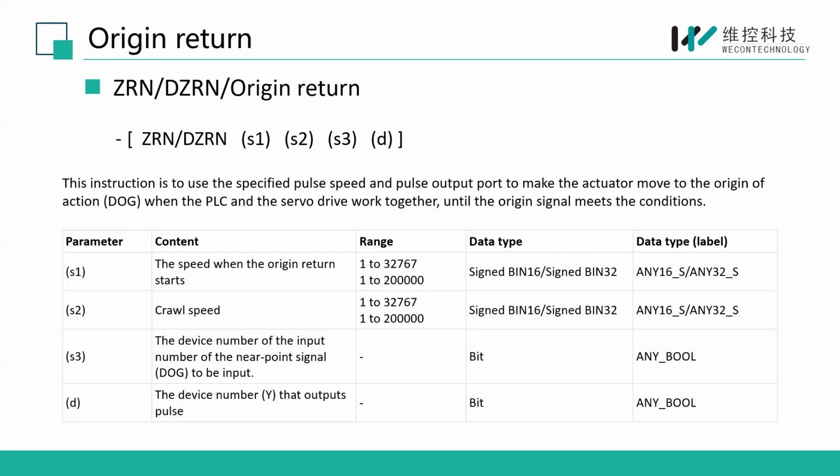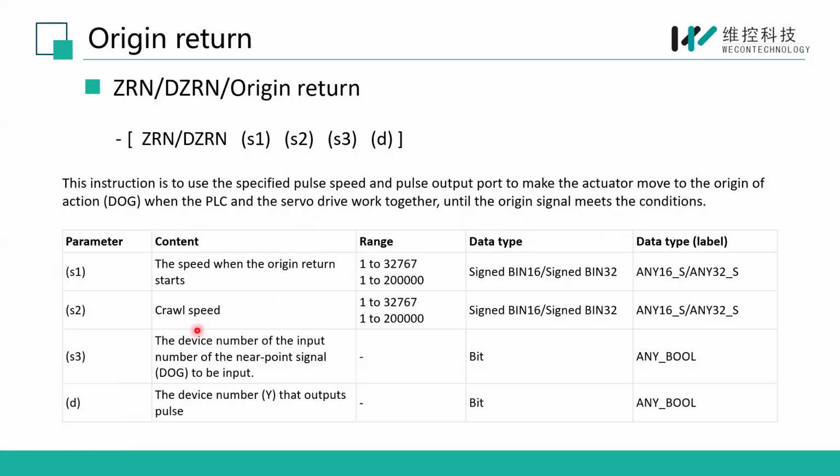This instruction uses the specified pulse speed and the pulse output port to make the actuator move to the origin of the actions, the dog point, when the PLC and the servo driver work together, until the origin signal meets the conditions.